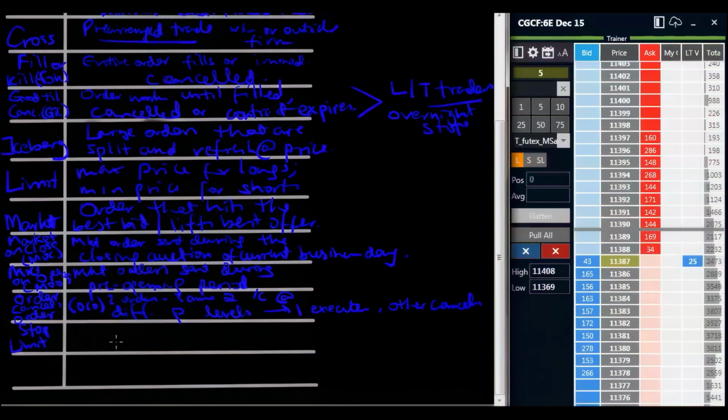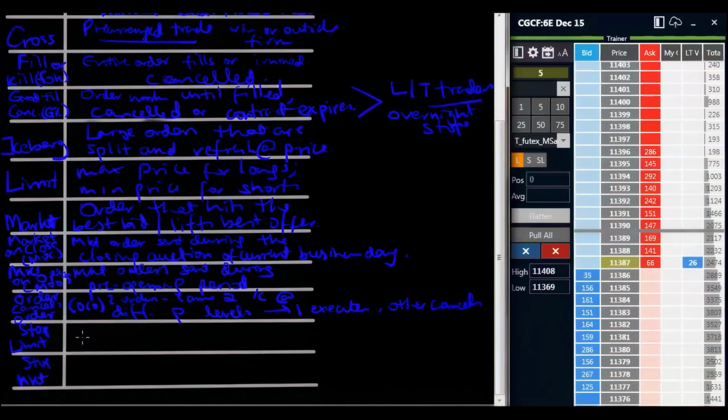So it's the difference. I'm just going to put down the next one because it's stop limit and stop market order. So the stop limit, when it reaches a certain area or price, when it reaches that specific price, a limit is entered into the market.